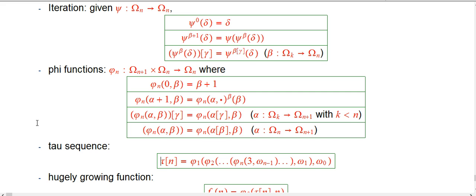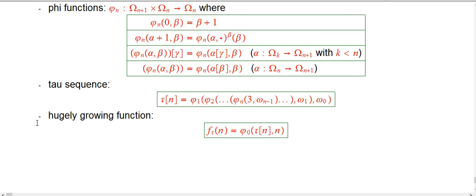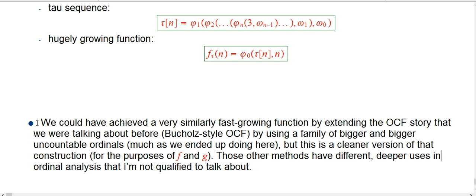And if you want to get your huge growing function, just say f sub tau of n is phi naught of the nth thing in the tau sequence as your countable ordinal, and n as your straight up input. And that is all you need to create these immensely ridiculously huge numbers.